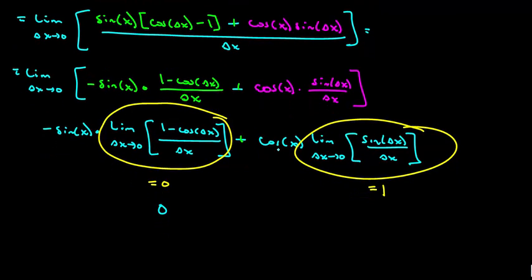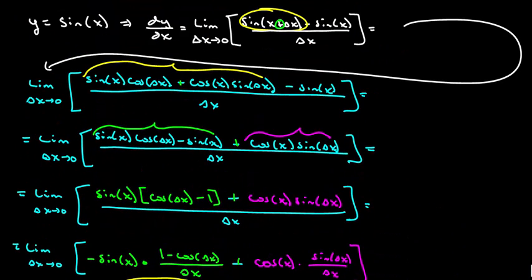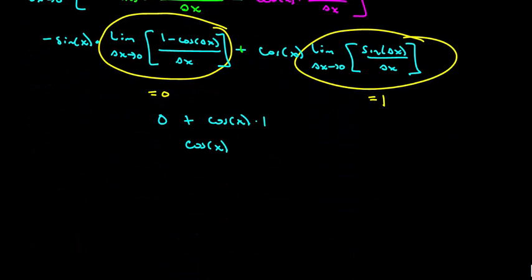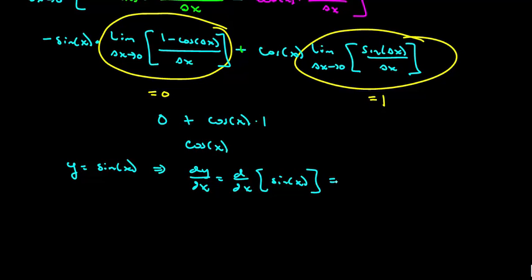Okay? So this right here is going to be positive, so this is plus cosine x times 1, which is just cosine x. So what we've shown, this is the proof, is that if y is equal to sine x, and we want to differentiate this, then dy dx is equal to d dx of sine x, and this is equal to this.